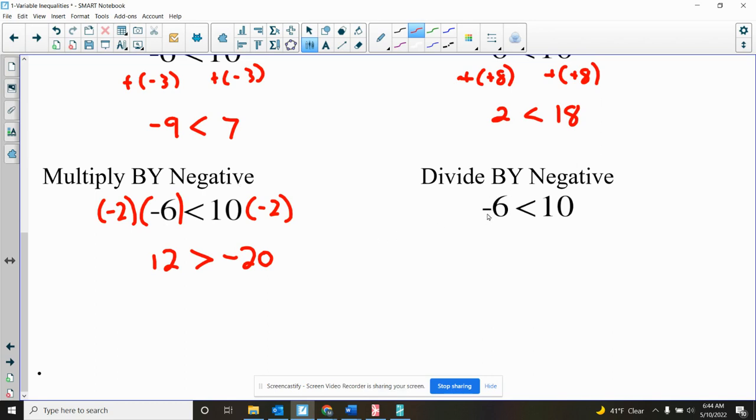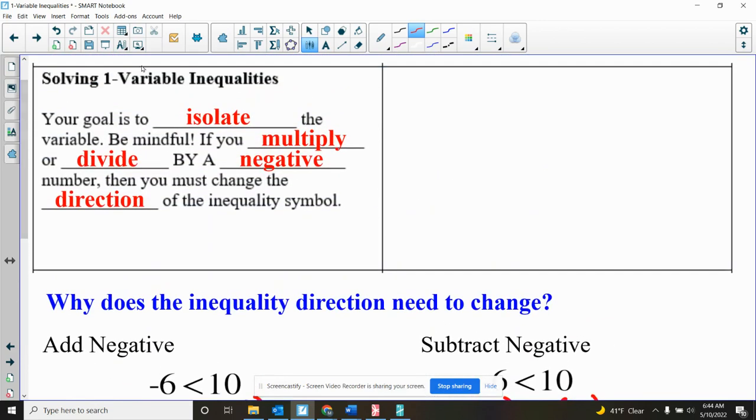And tell you what, let's do just one more here. Let's take -6, and this time we're going to divide by -2 on both sides. -6 divided by -2 is +3. 10 divided by -2 is -5. And to make this statement true, I would have to say 3 is the bigger one. Notice the direction of the inequality changed. So that's why we have this statement here.